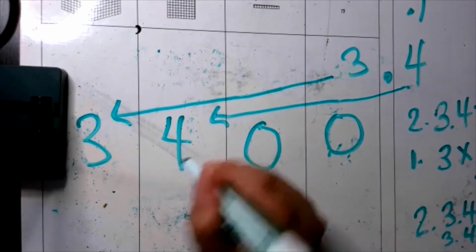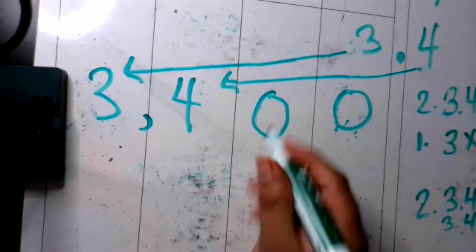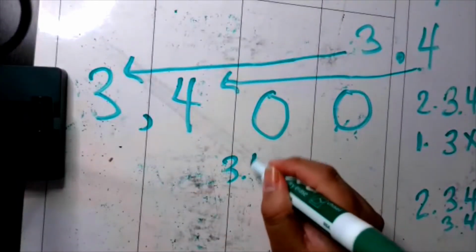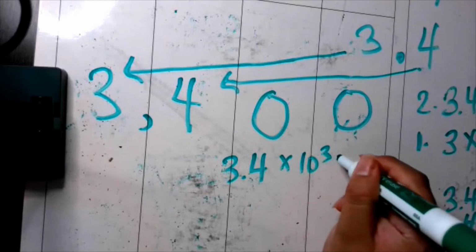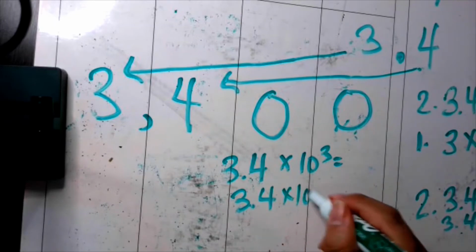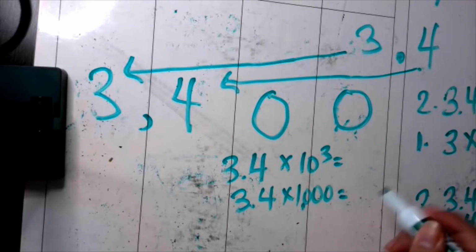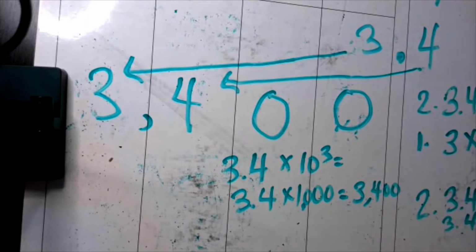Okay, so now our new number is 3,400. So we know that 3.4 times 10 to the third equals 3.4 times 1,000, which also equals 3,400.